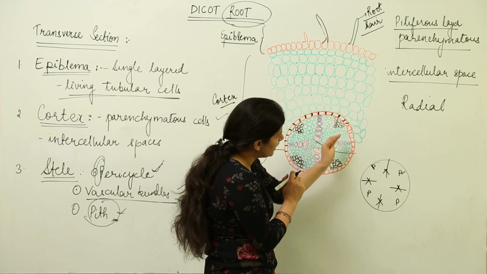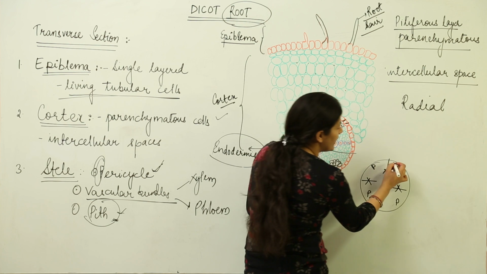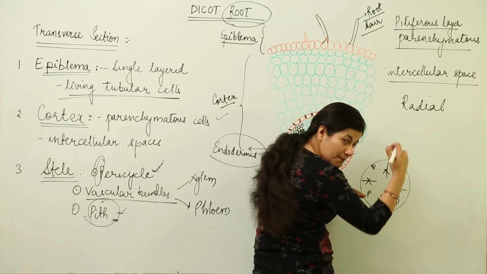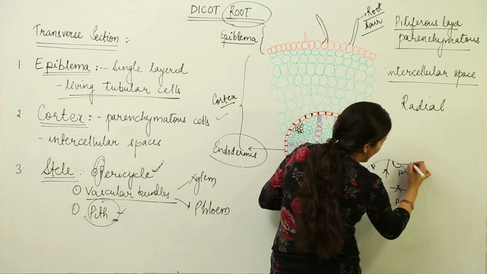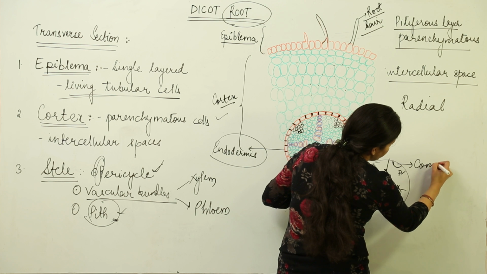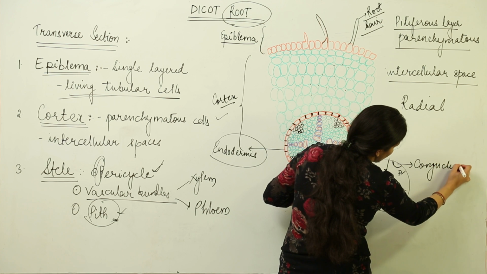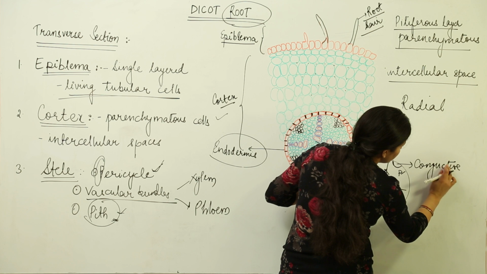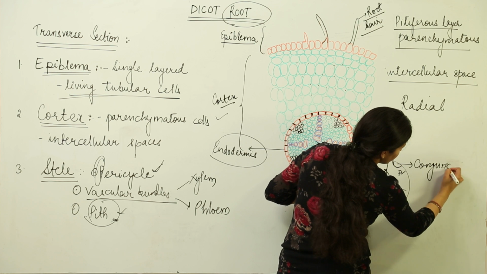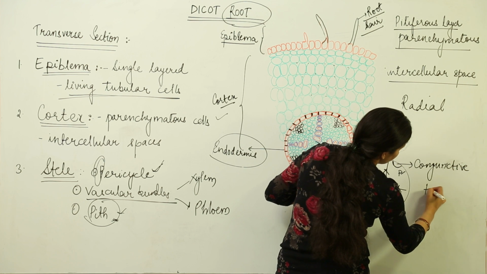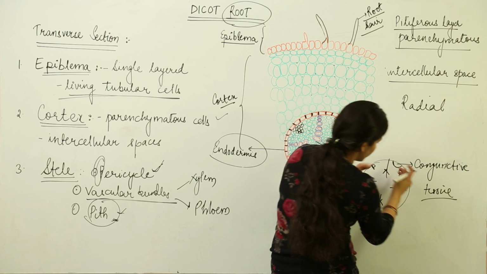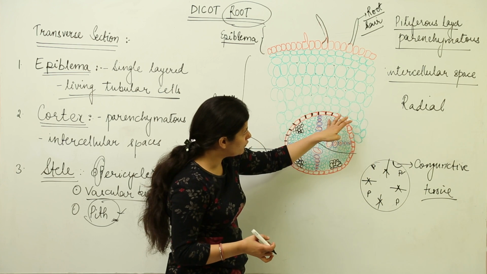In between xylem and phloem there is again parenchymatous tissue, present below the pericycle, and that is known as conjunctive tissue. Please remember, it is conjunctive tissue. This conjunctive tissue lies between xylem and phloem.